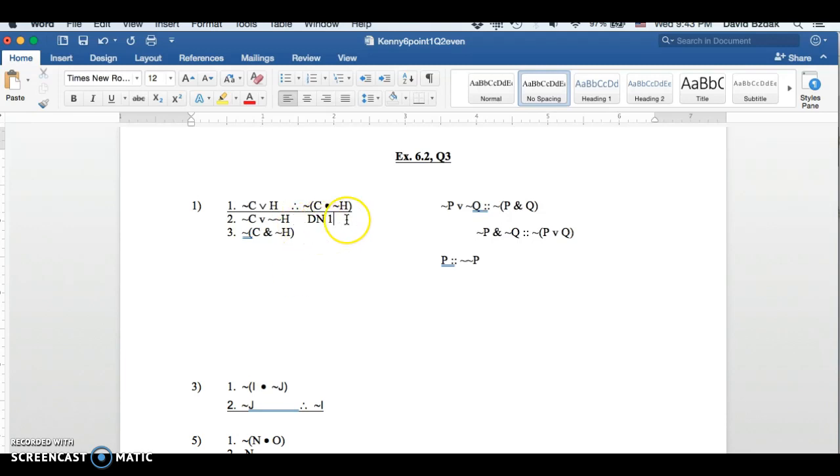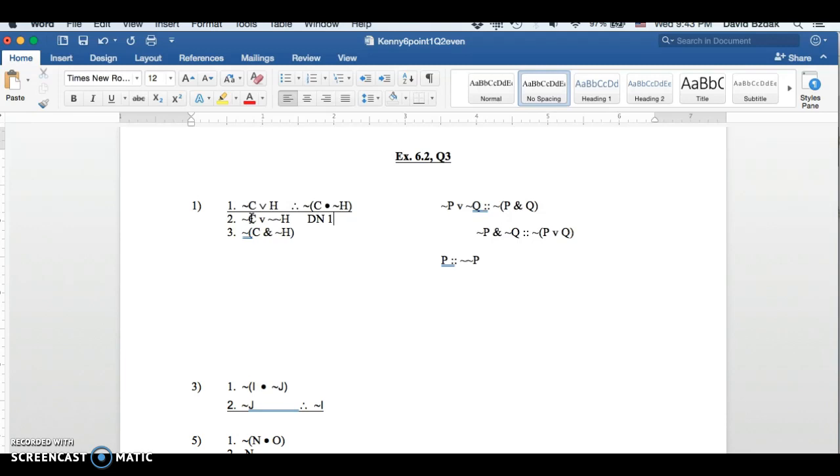And that raises another key difference between inference rules and substitution rules. Again, one key difference is with substitution rules, you can go either way. The other difference is you can apply substitution rules to parts of sentences. We only applied double negation here to the H. We left the rest of the sentence just as it was. Again, that's different from inference rules.